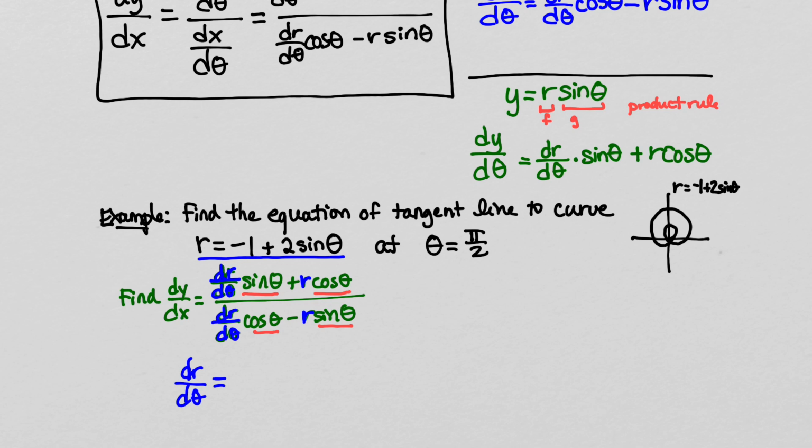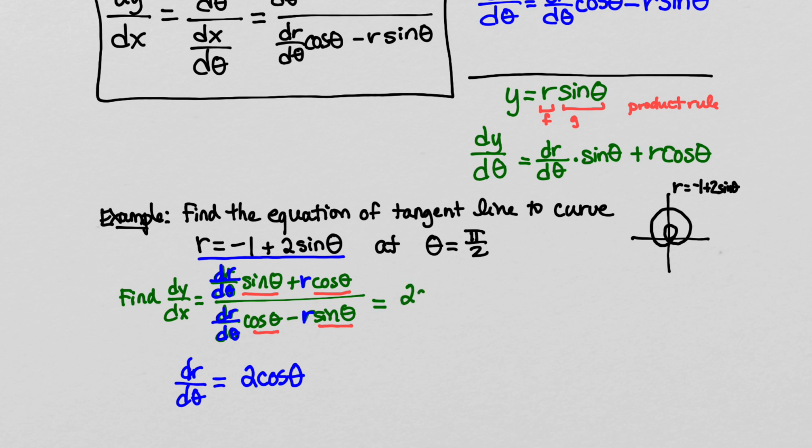Derivative of -1 is 0, right? And then plus 2, right? What's the derivative of sine? Cosine. Positive cosine. Derivative of sine is cosine. So did you get 2 cos theta as your derivative? Nice.